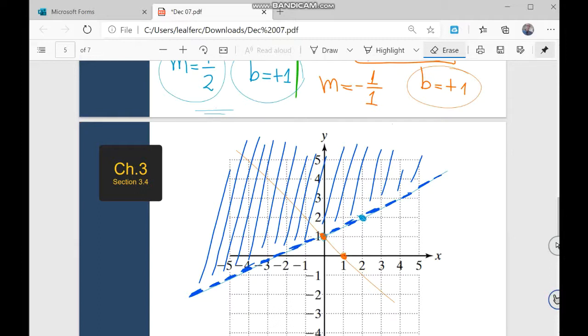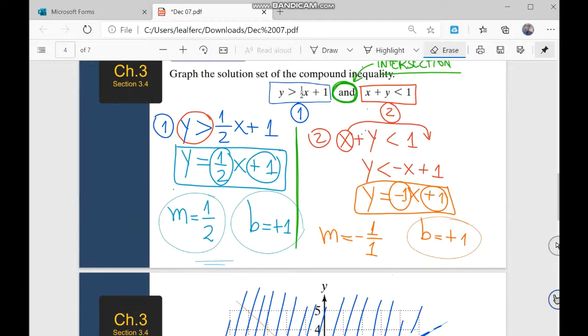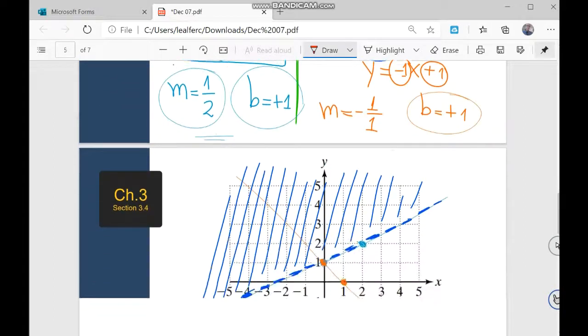And now the next one, inequality number 2. Inequality number 2 is this. y is less than. It doesn't have an equal sign, that means again it's dashed.